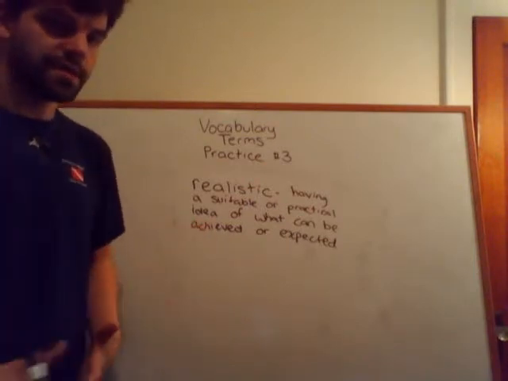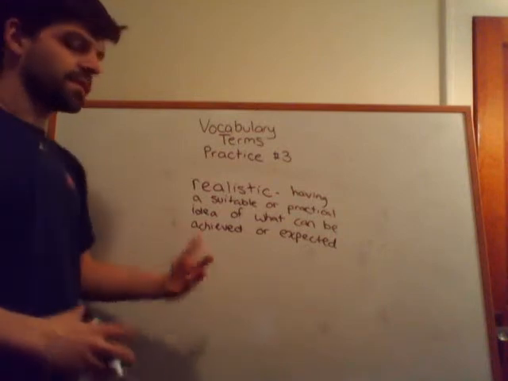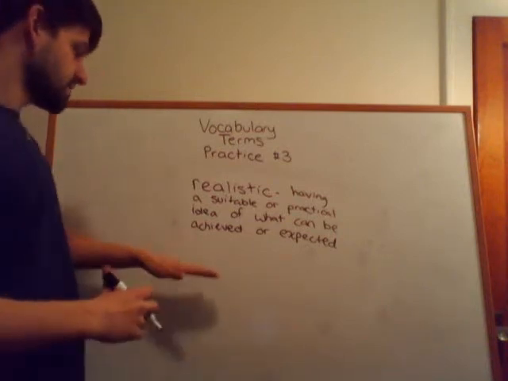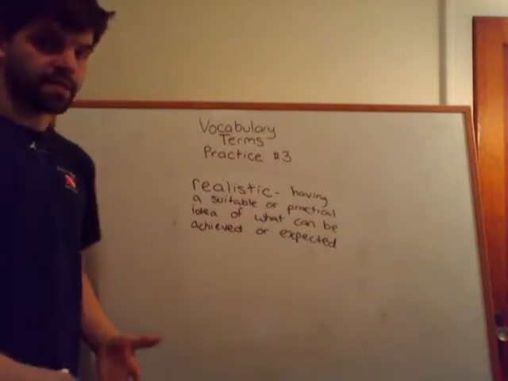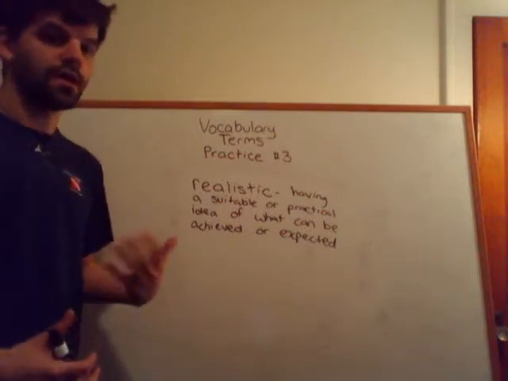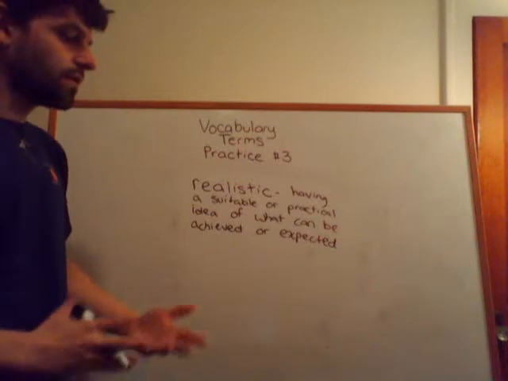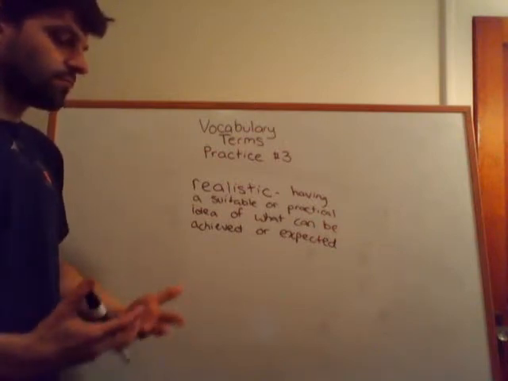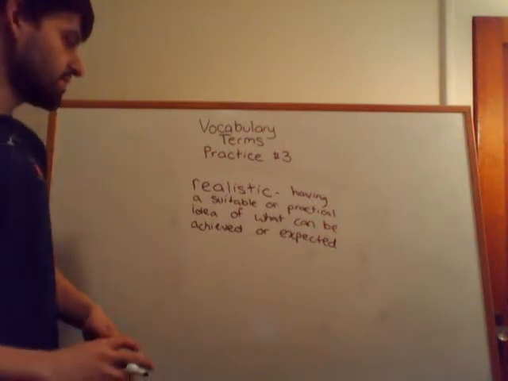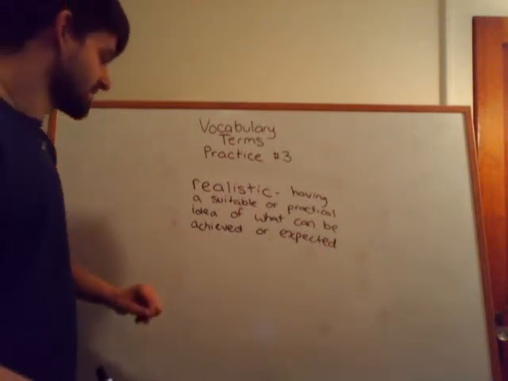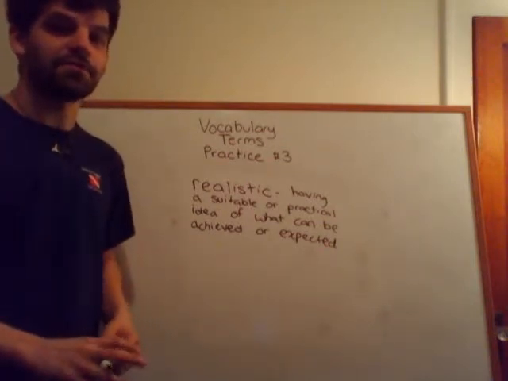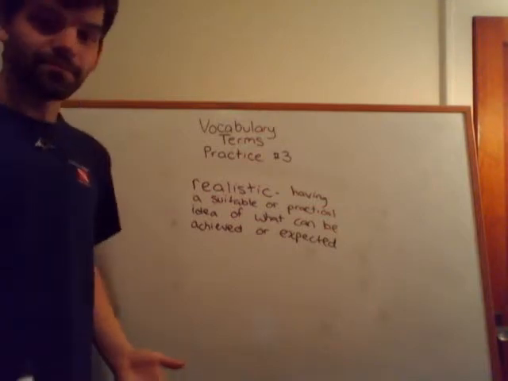The other example that I kind of came up with, and it's kind of silly, but it does demonstrate the idea. An example of an unrealistic scenario or idea would be when you're young and you're a child, you get the question a lot, what you want to be when you grow up. I once heard this kid say that when he grew up, he wanted to be a tree.